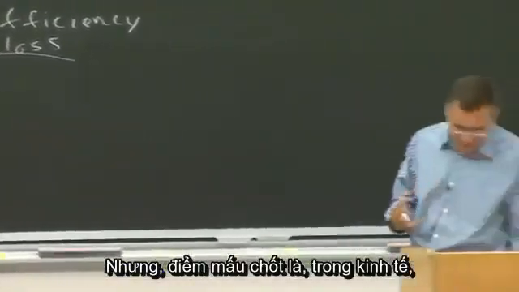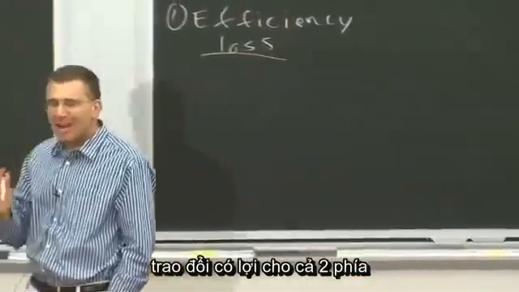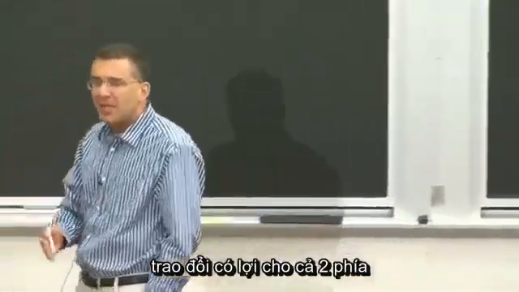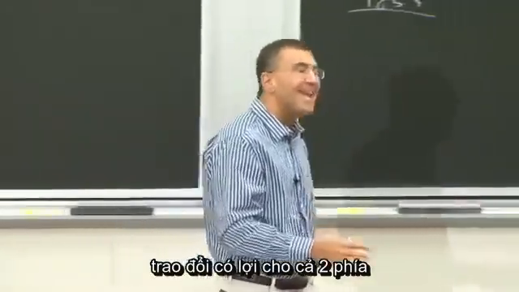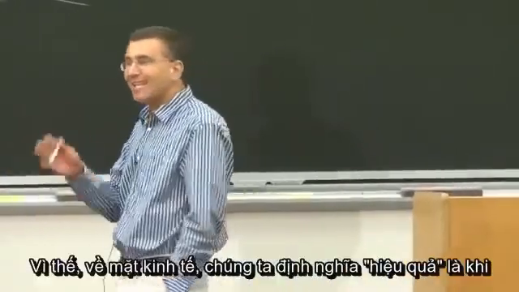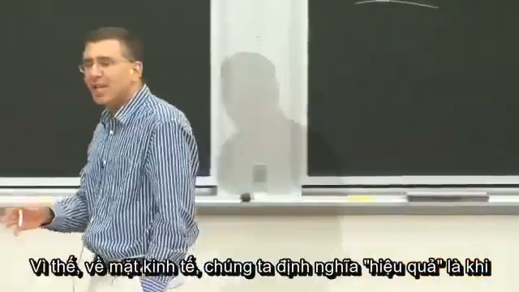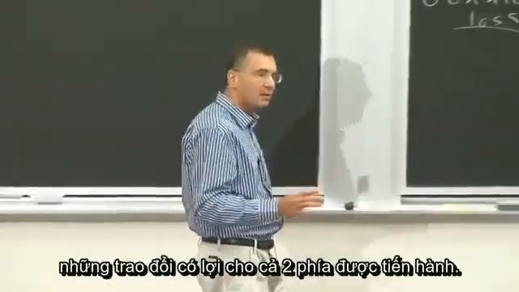But the key point is, in economics, whenever there is a trade that can be made that makes both parties better off, and it is not made, that is an inefficiency. So in economics, we define efficient as when all trades that could make both parties better off are made.